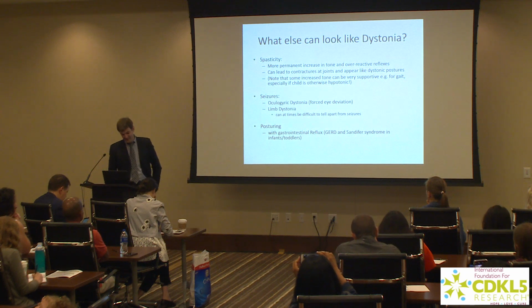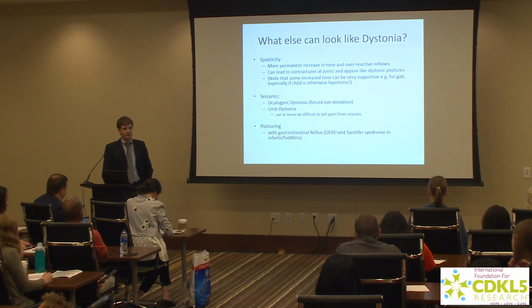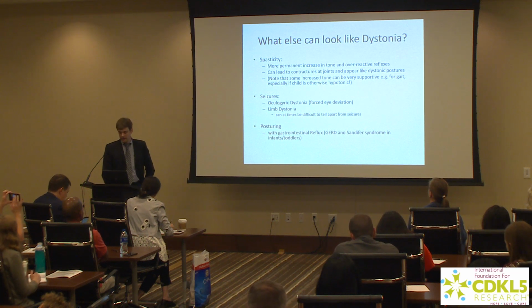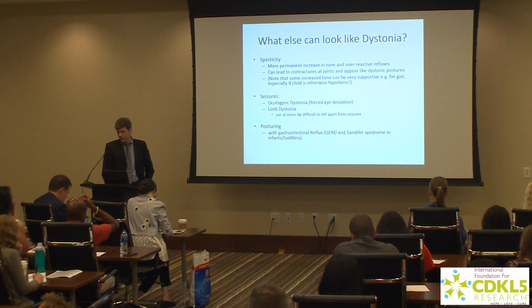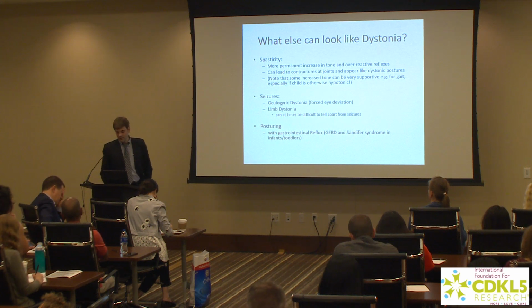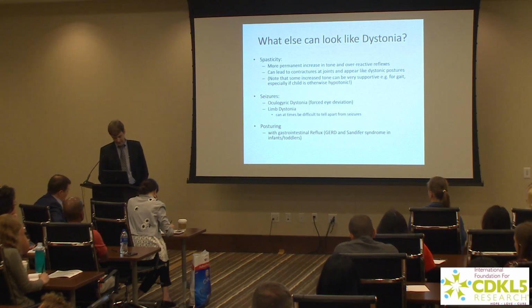Limb dystonia, especially when it gets severe and maybe is coupled to a tremor, can look very scary and very focal seizure-like. And then, especially early on, posturing can look like dystonia. Posturing, which is predominantly at a very early age, induced by gastrointestinal reflux, Sandifer syndrome, etc.